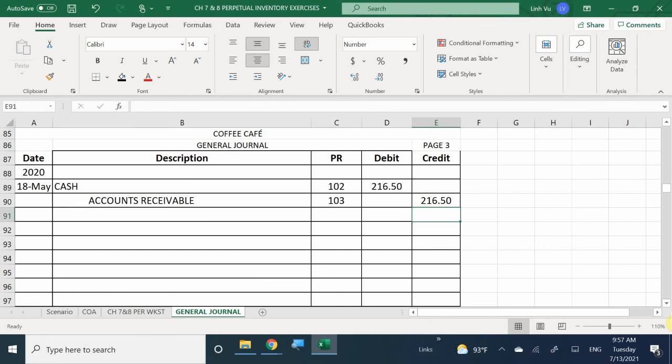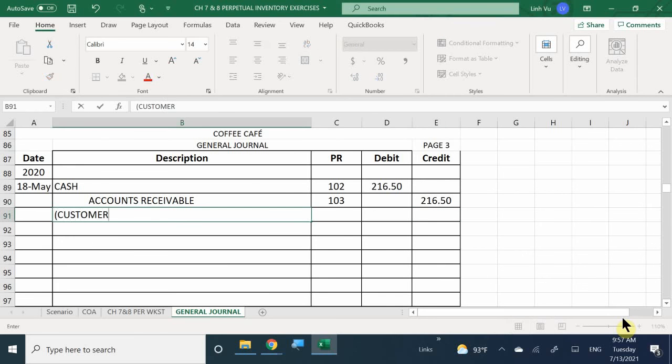So my note here is that customer A paid in full. It had nothing to do with inventory. It was just that they made a payment. And in this case, they did not make any discount, so they had to pay in full.